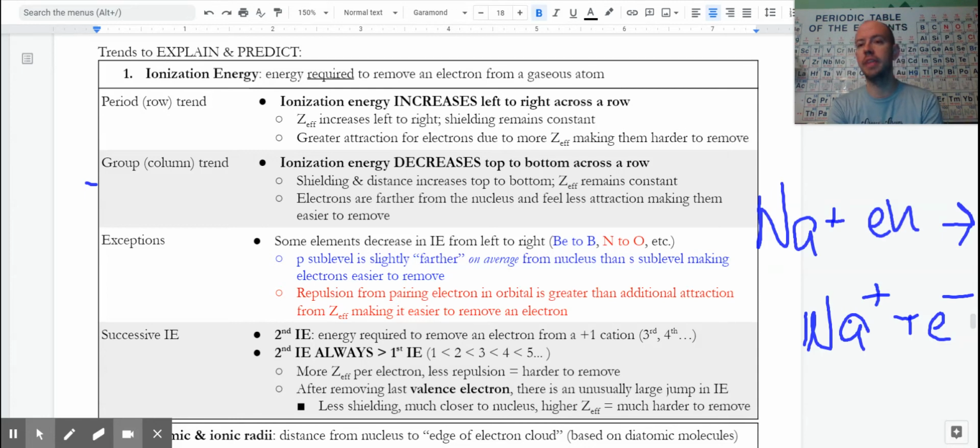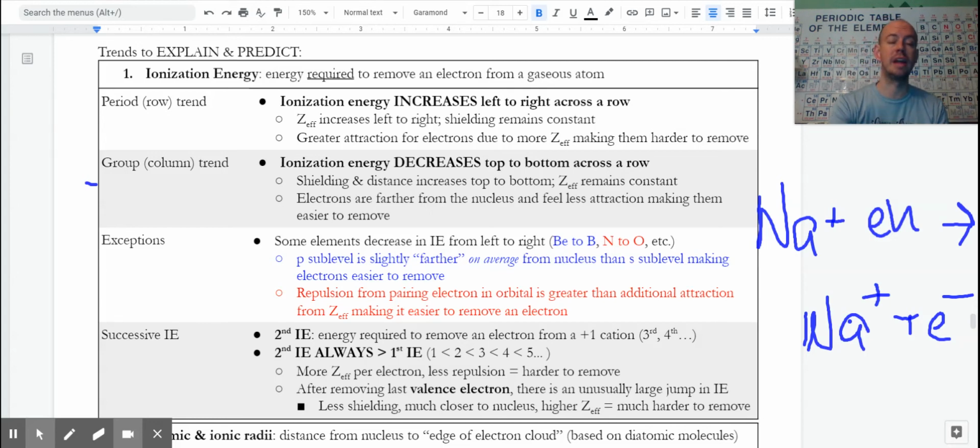So when we think about that, if I took maybe an aluminum atom, it had 13 protons, 13 electrons, that's a 1-to-1 ratio. But if I take one of those away and I have 13 protons still, but 12 electrons, each one gets slightly more than one proton or slightly more Zeff per electron to pull it a little bit tighter, making it harder to remove.